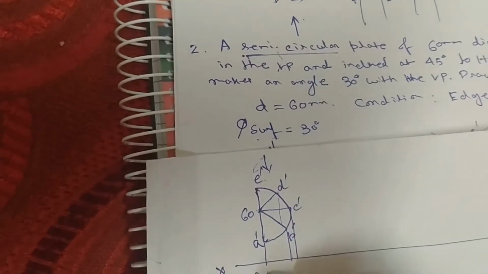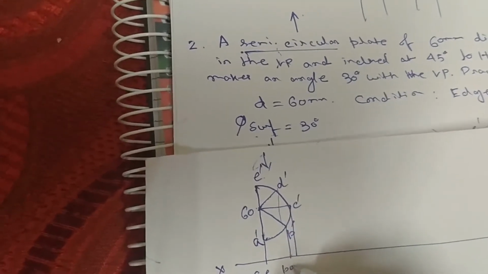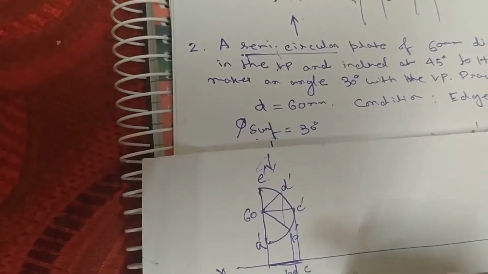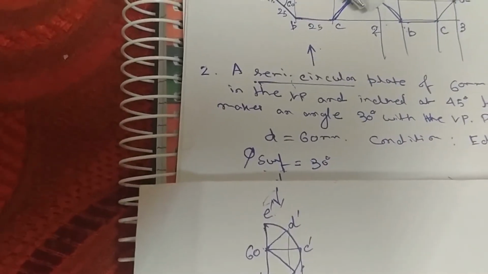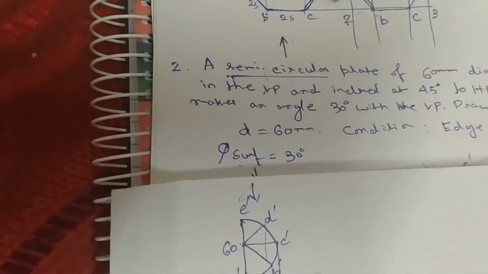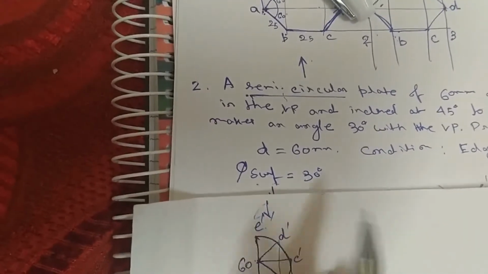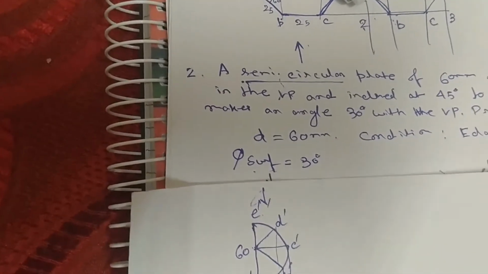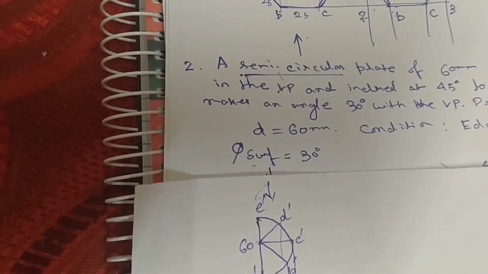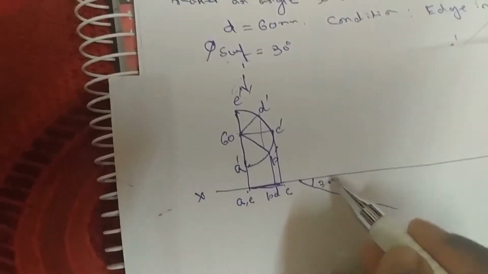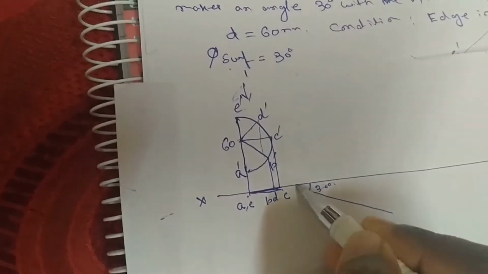So this is A, E, this is B, D and C. After that, we are going to recreate this AC line at an angle 30 degree.